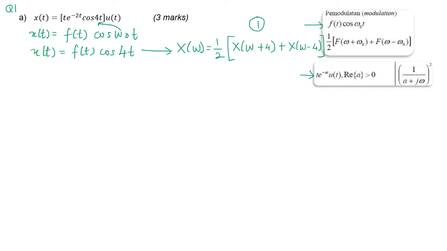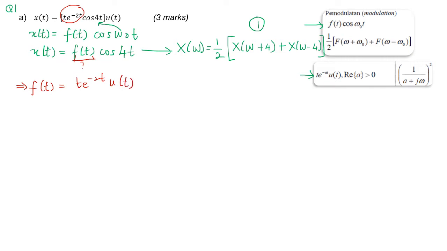So next, what is your f(t)? So what is f(t)? So in this case, f(t) is equal to this. So f(t) equal to t e to the minus 2t u(t).